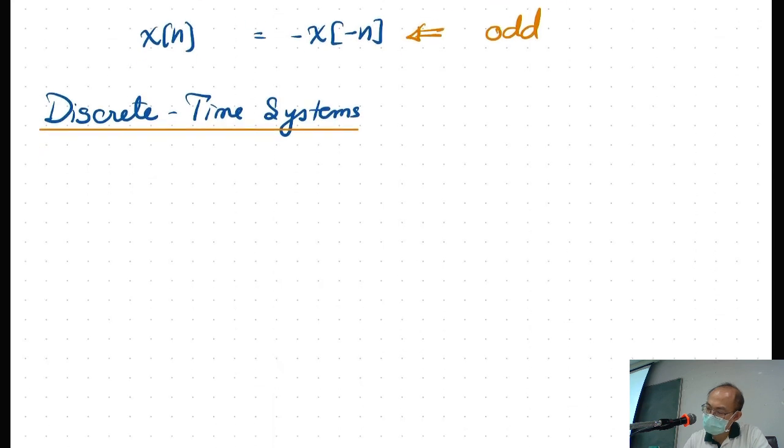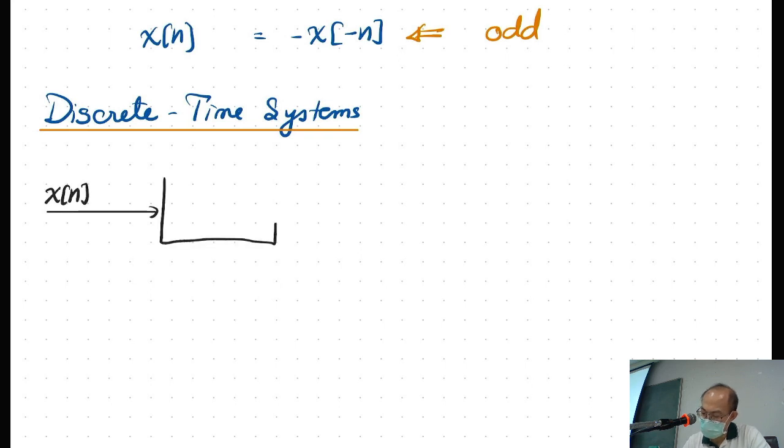Just like when we talked about continuous time systems, we have an input signal, but this time the input is a discrete time signal. We feed the input signal to a system, which would be called a discrete time system.